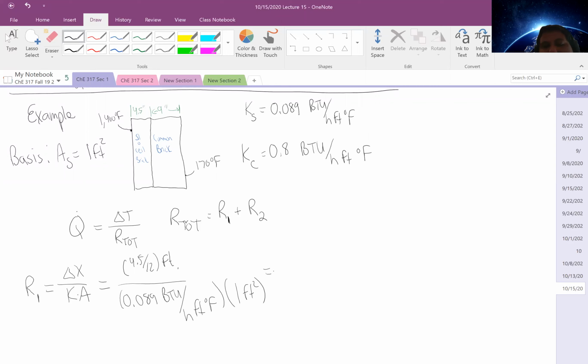So I get a value of approximately 4.21. Check my units. Feet squared goes away. And so I'm left with hours degree Fahrenheit per BTU.